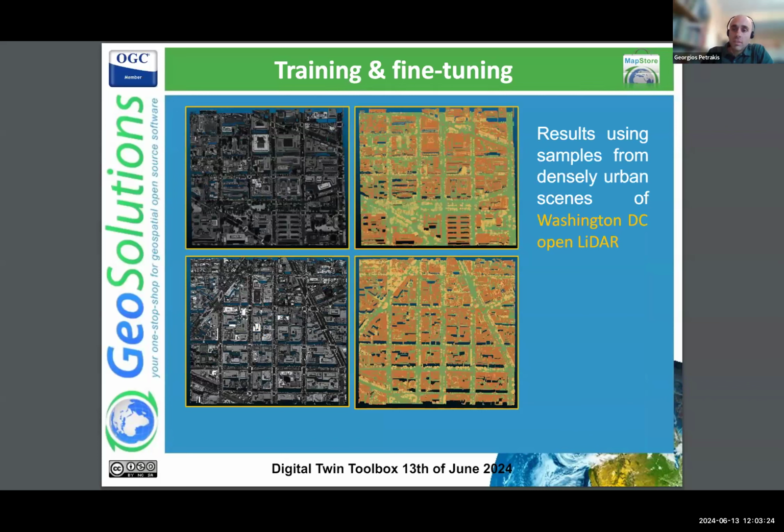Here we can see two predictions from quite densely urban scenes, with buildings in dark orange, vegetation in light orange, and ground in green. The result is much clearer and more accurate than the one from the previous model, if you remember the previous slide.